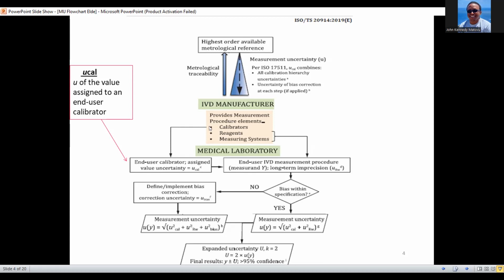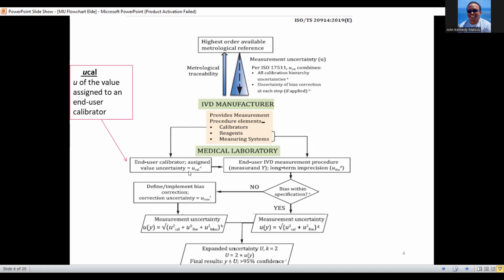From the calibrators that were provided to us, we have here the end user calibrator, and there's an assigned value uncertainty. So u_cal is the uncertainty of the value assigned to an end user calibrator. How do you obtain this?